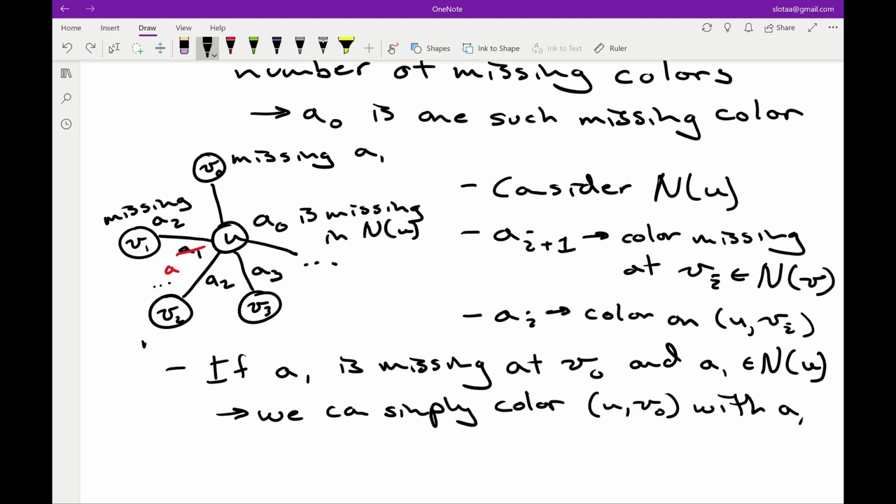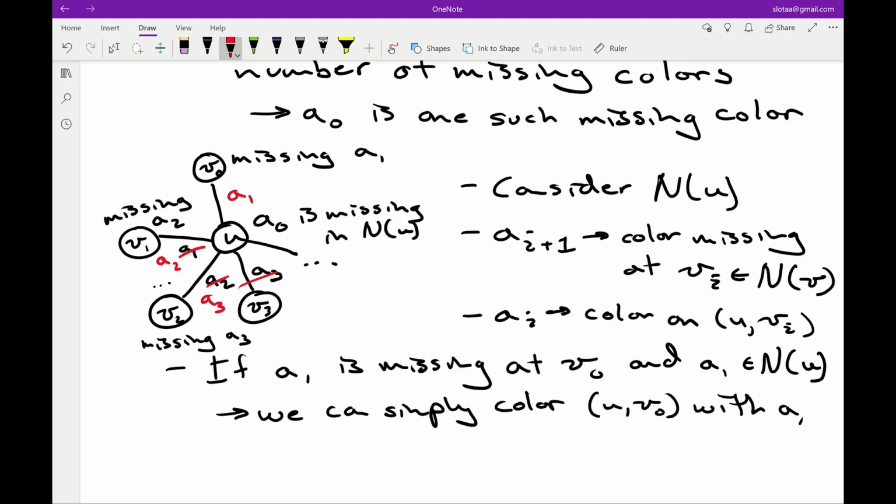Our V2 is missing A3. If there wasn't some A3 within U's neighborhood, we could trivially replace the color with A2, which we know is already missing at the neighborhood of V1, and then again color that edge with A1.